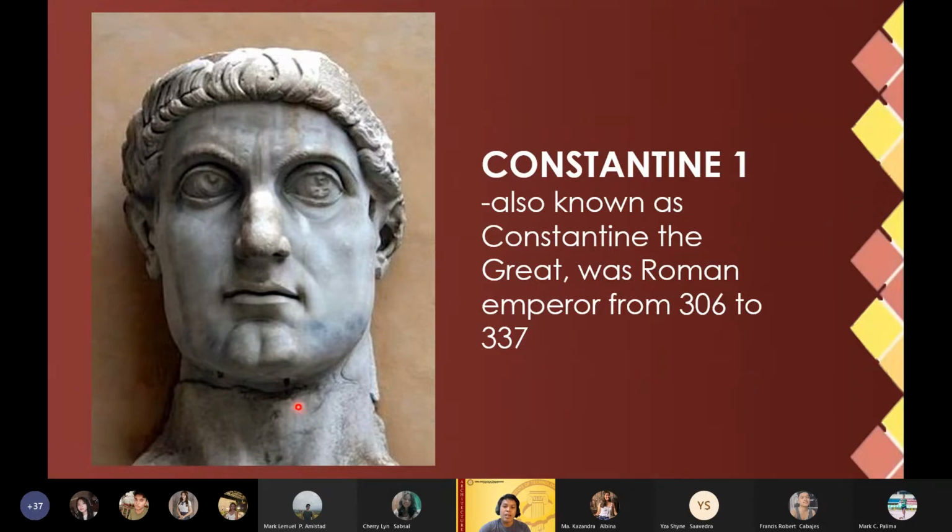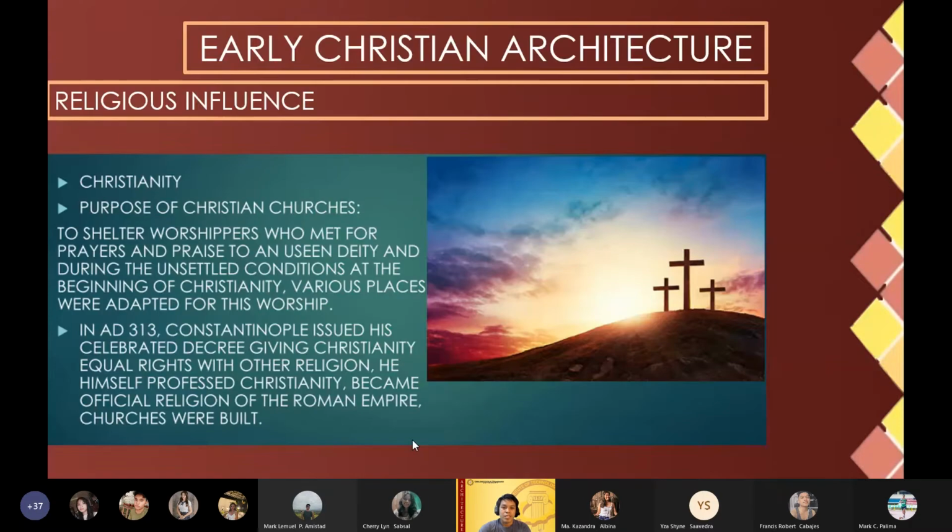So that is when early Christian architecture boomed. From the term itself, one of the greatest influences is the religion itself, the rise of Christianity. The buildings that we can find in this type of architecture are mostly churches, specifically basilican churches.